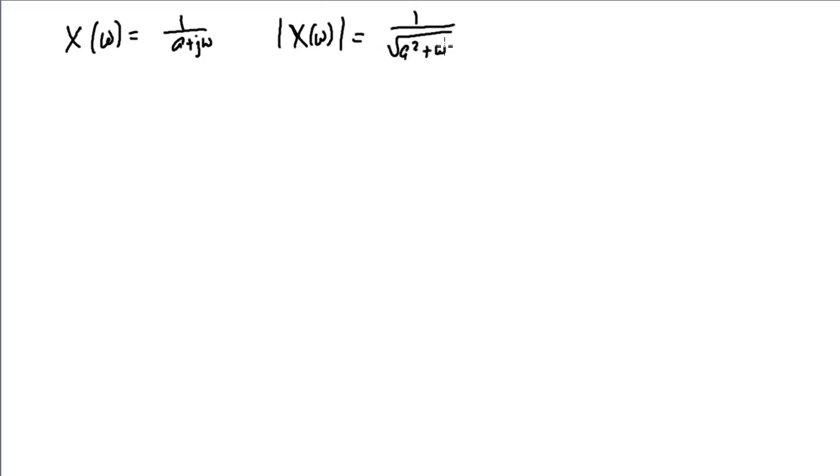So this is our result: X of omega is 1 over a plus j omega. The magnitude spectrum is the magnitude of the numerator, which is 1, over the magnitude of the denominator, the square root of a squared plus omega squared. And similarly, for the phase spectrum, the angle of the numerator is 0, and I'll have minus the inverse tangent of the imaginary part over the real part.